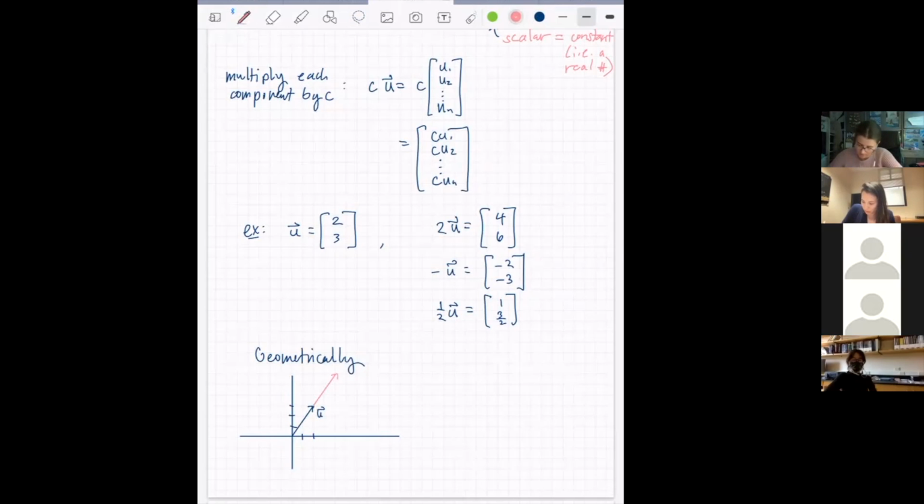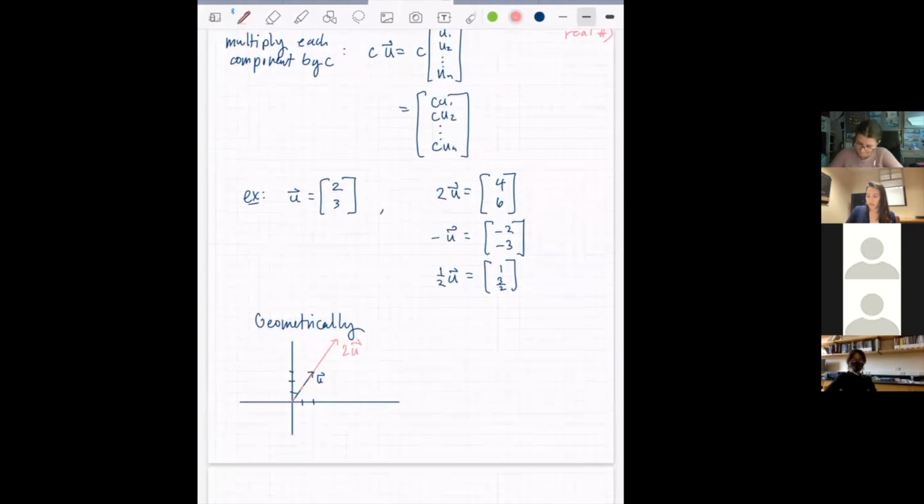So this pink arrow is the scaled version of u. And you can also picture the other ones. For instance, negative u flips u around in the other direction. So it would be right here. This would be negative u.